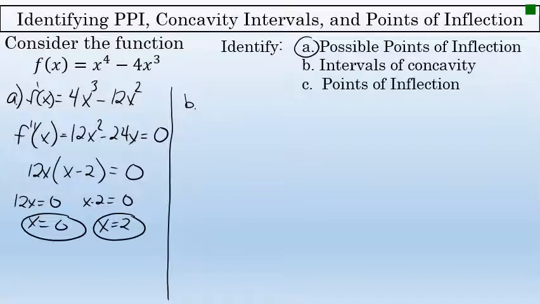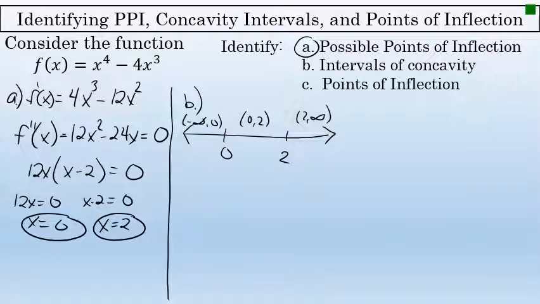We'll use those two values to find the intervals of concavity. 0 and 2, those x values, break apart our function into actually 3 intervals. The first interval goes from negative infinity to 0, the second interval from 0 to 2, and the third interval from 2 to infinity.